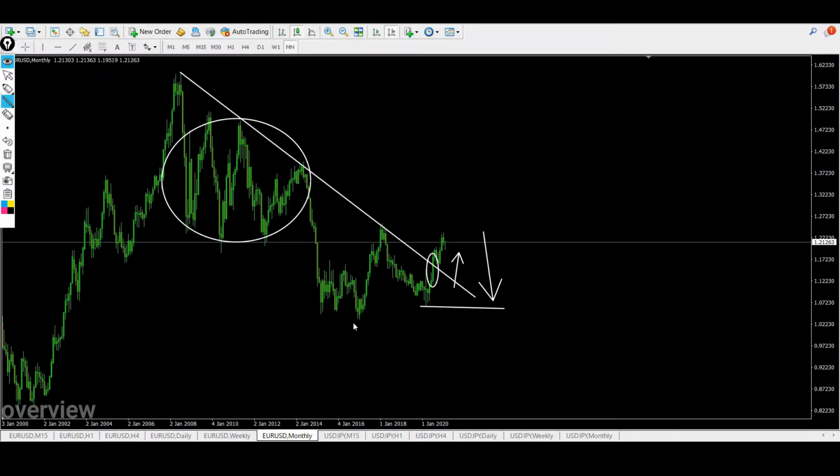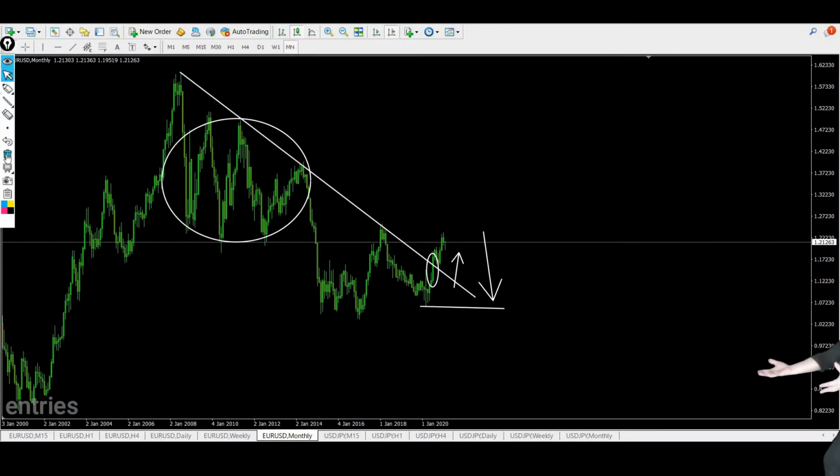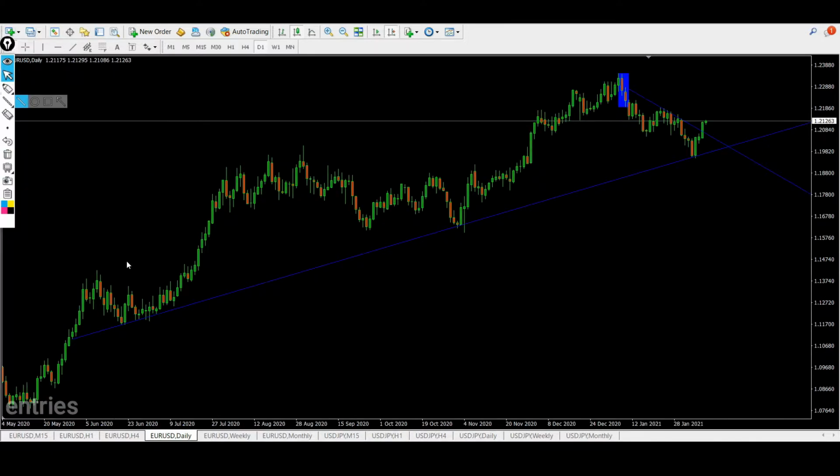All right, so let's go to entries. This is a daily chart. We're talking about this weak short that formed right here, and so we're looking for a long right up to this pivot high.